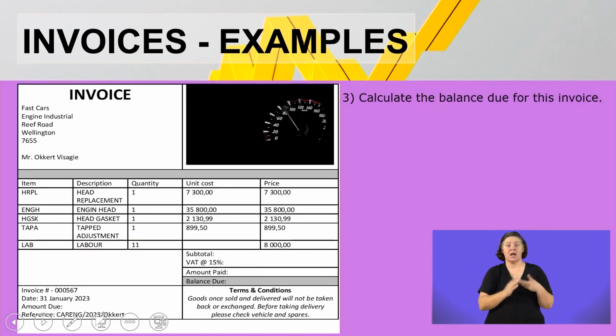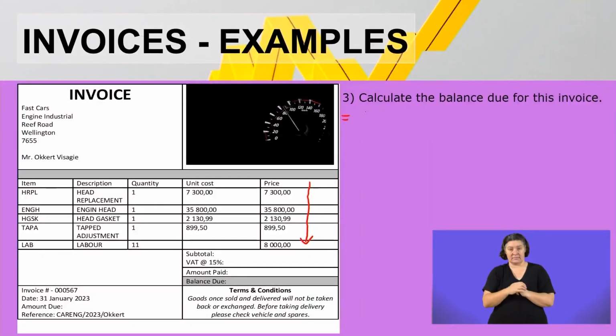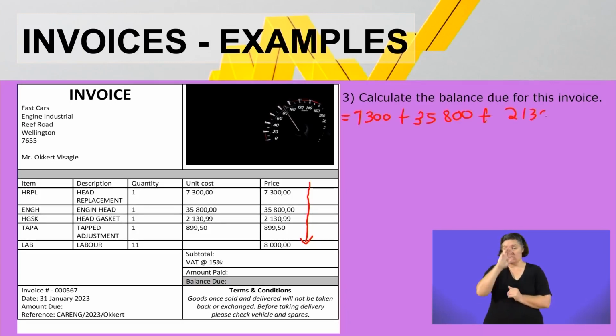Next question, it says calculate the balance due for this invoice. So if I look, balance due, meaning what needs to be paid, right? So I look at the price, all of this here. So I have to add all of that together. Therefore I'll take the 7,300 plus 35,800, remember this is all Rand, plus 2,130 Rand and 99 cents plus 899 Rand and 50 cents plus your 8,000 Rand that is being paid for the labor.